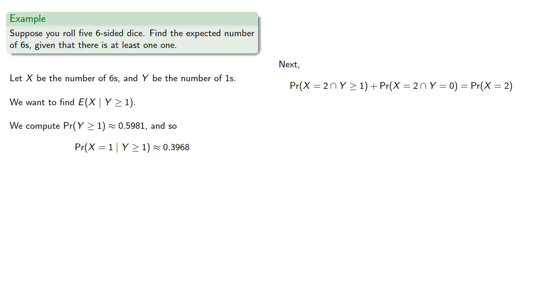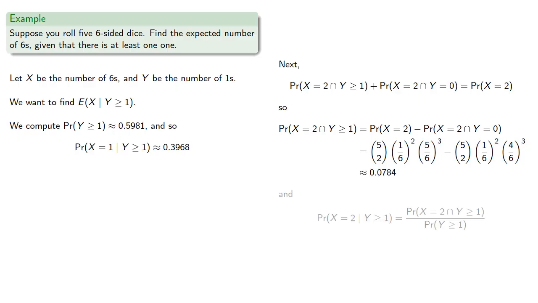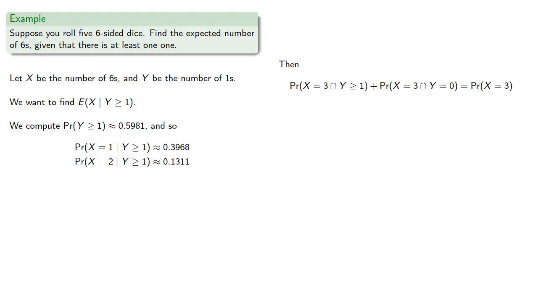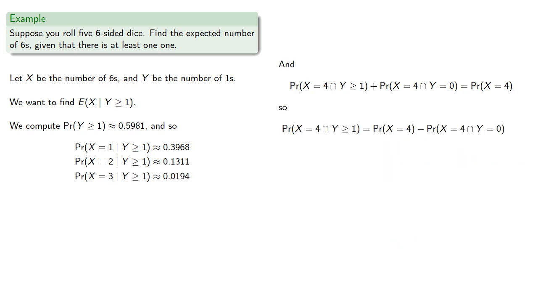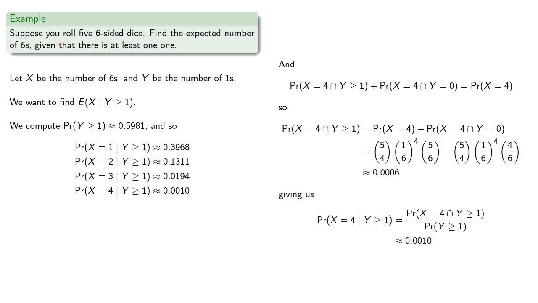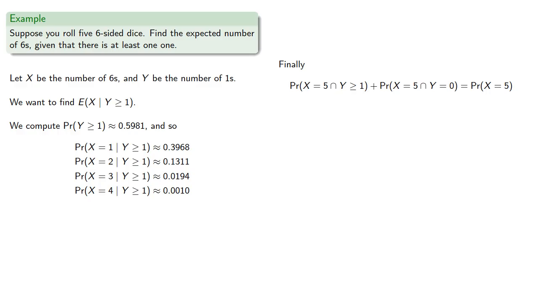Likewise, the probability that x is equal to 2 and y is greater than or equal to 1, together with the complement, gives us the probability that x equals 2. And so we find, and similarly for x equals 3, and 4, and 5.